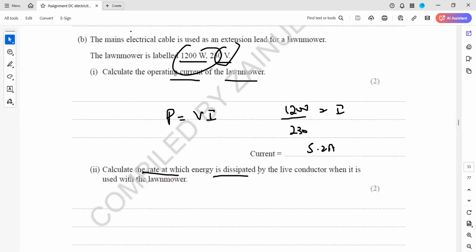Calculate the rate at which energy is dissipated. Power is energy divided by time, so energy will be power times time. But for dissipation, we always use the formula I squared R. So you can work out the resistance and use the formula P equals I squared R, where R is the resistance of this.